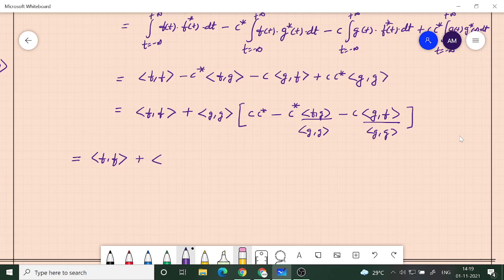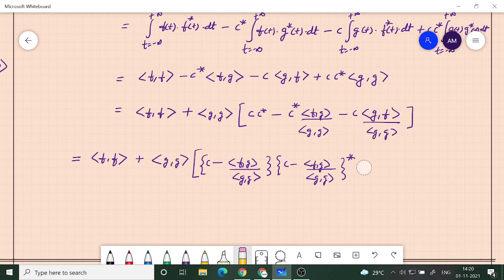So what we can do is this bracket that we have here, we would like to write as a product of C minus F comma G divided by G comma G, multiplying with the conjugate of that, which is C minus F comma G divided by G comma G. The conjugate of the difference is the difference of the conjugates, so I can distribute this conjugation inside.